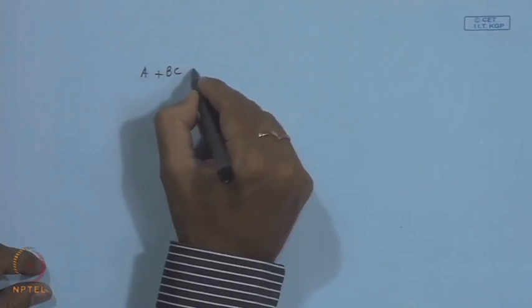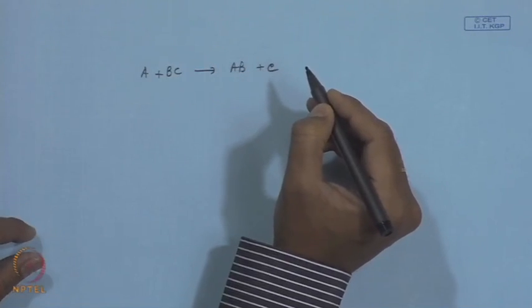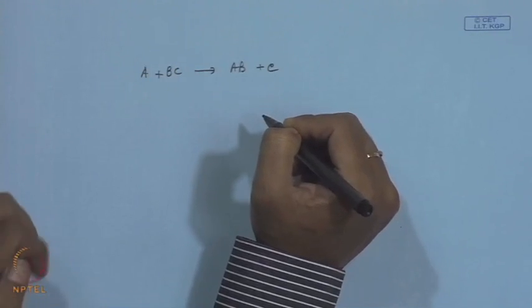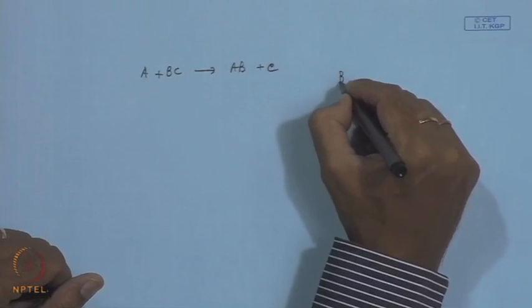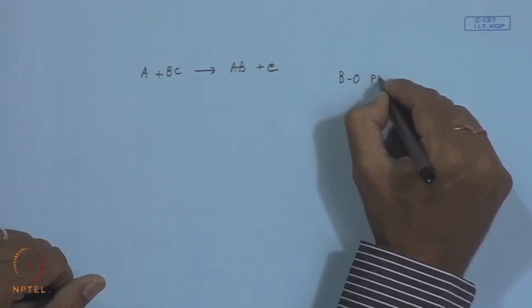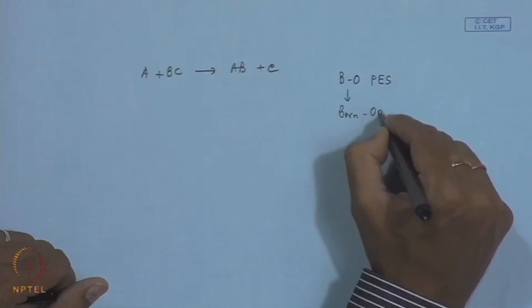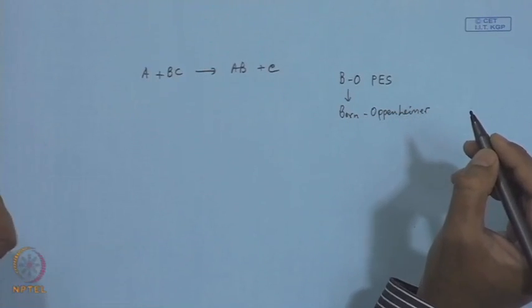Now simple reactions like A plus BC giving rise to AB plus C. So here, the dynamics of this chemical reaction is very much dependent on the topology of the Born-Oppenheimer potential energy surface.